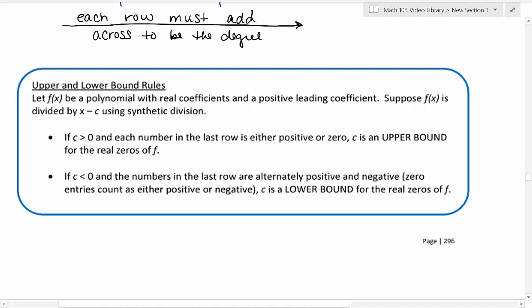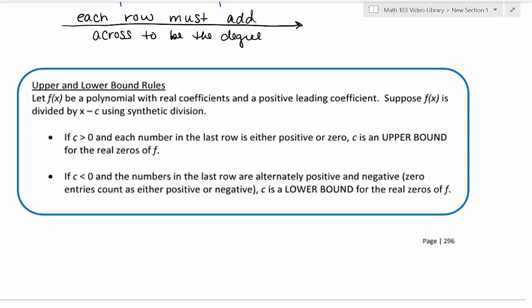If c was positive, so if the zero that you were testing is positive, and each number in the last row, which is your quotient, is either positive or 0, then c is an upper bound for the real zeros of f.